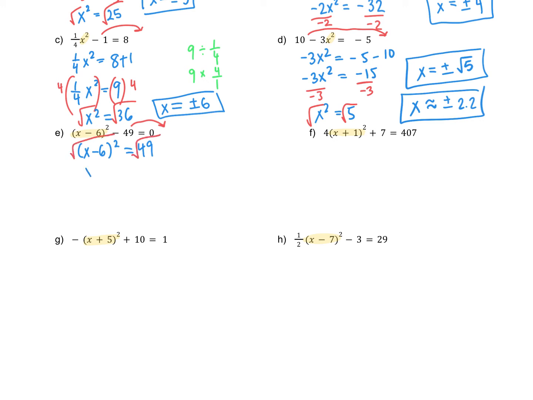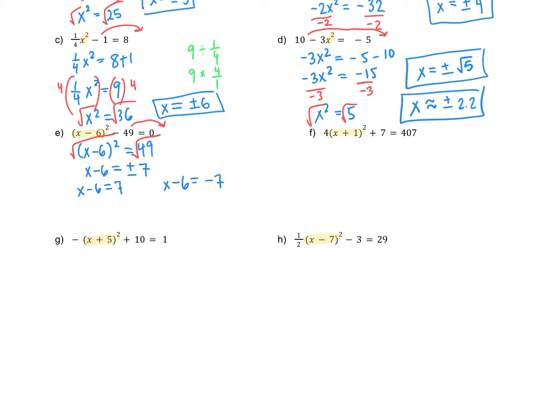And when we do that, we end up with x minus 6 equals square root of 49 is plus or minus 7. Now, this doesn't look the nicest. So instead of writing it like this, I'm going to write 2 separate equations. X minus 6 equals the positive 7, and x minus 6 equals the negative 7.